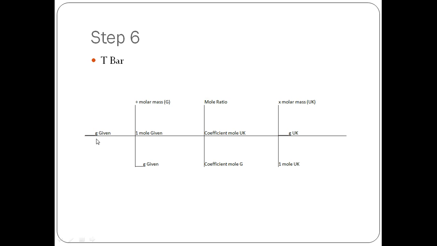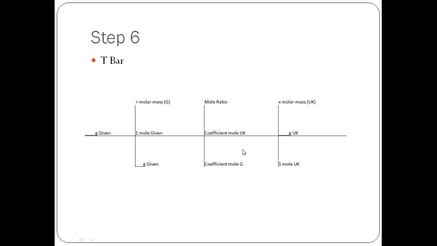Okay, and if you realize here, you're going to start off with the grams of the given. Right here, you're going to divide by the molar mass of the given in the first set, where the grams of the molar mass are at the bottom and the moles of the molar mass are on the top.